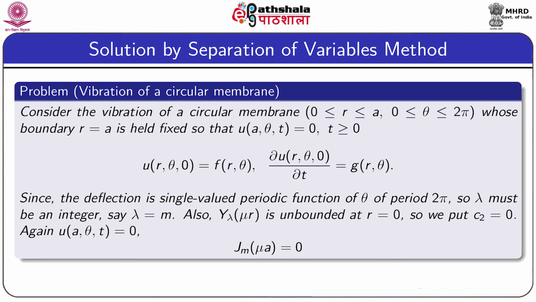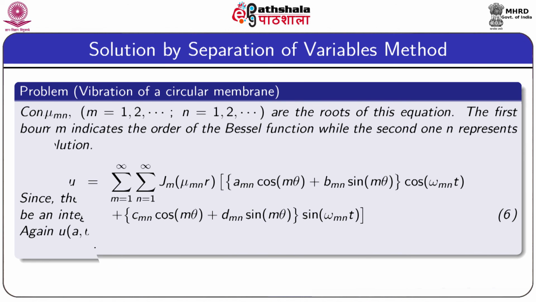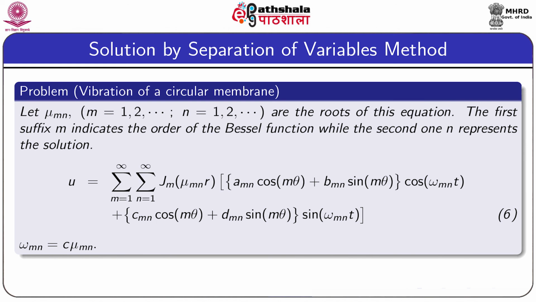So, here we have taken C2 equals 0. Now, if we use the boundary condition u at r equals a is equal to 0, that gives the equation J m mu a equals 0. Let mu mn, where m and n are integers, be the roots of this equation.